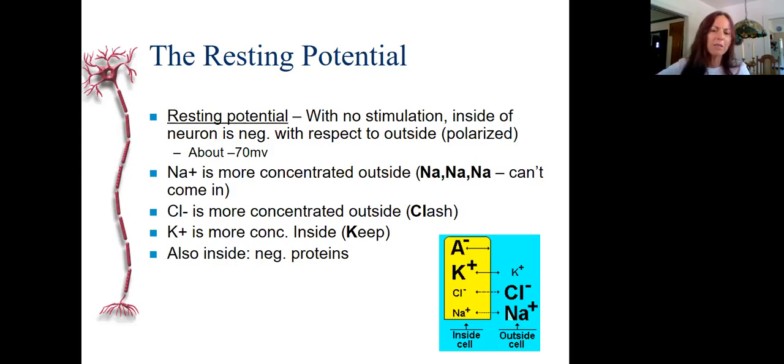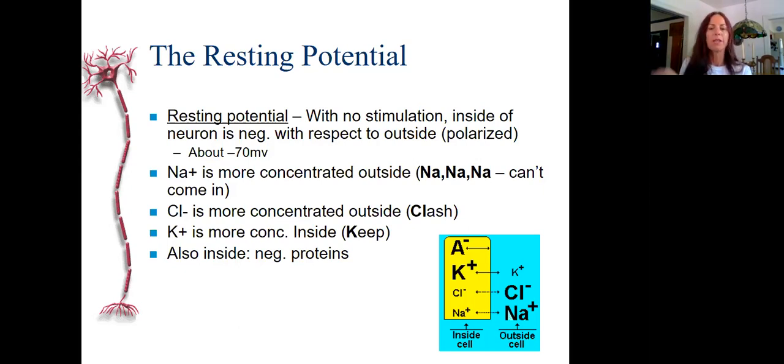And so we've got some charged particles, or what we call ions, that are more concentrated outside and some that are more concentrated inside. For example, we have one called sodium, designated with Na+. It is a positively charged particle or ion, and it is more concentrated on the outside of the neuron.